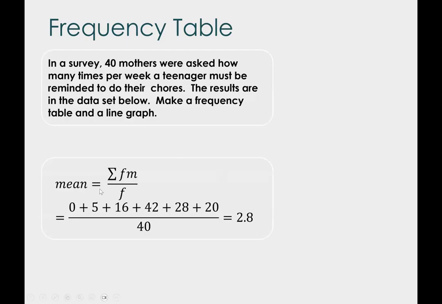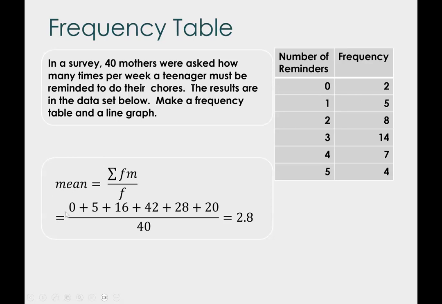Okay, here's how it lays out. The mean adds up the sigma, or the sum, of the frequency times the value. And then we're going to add up all those values.